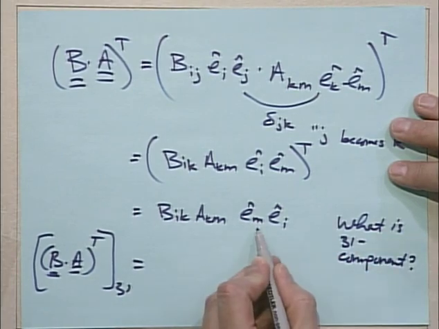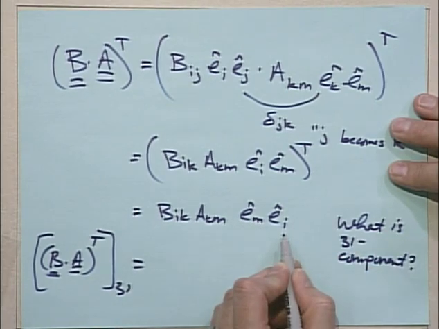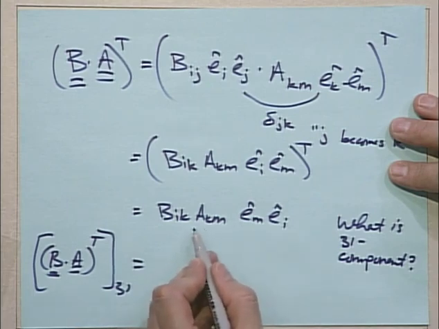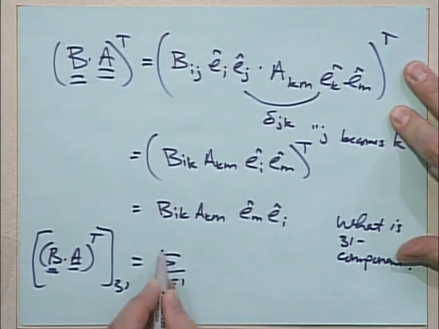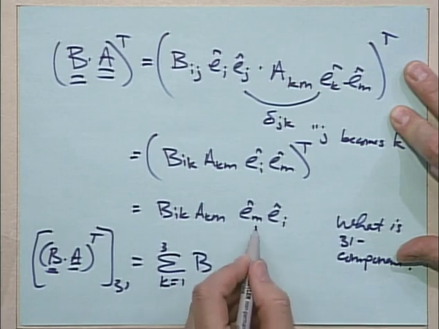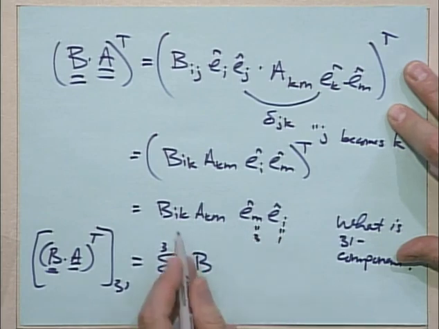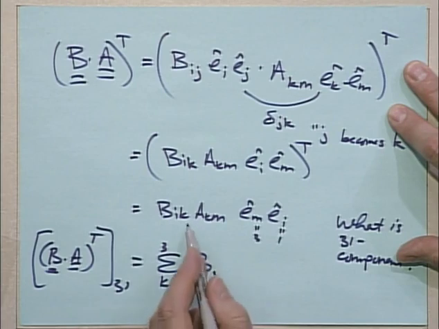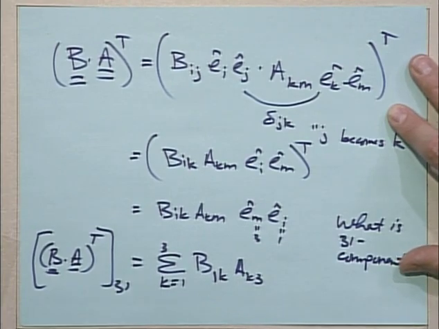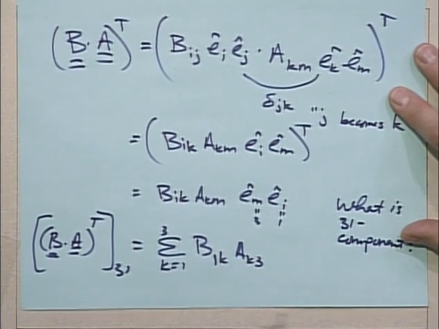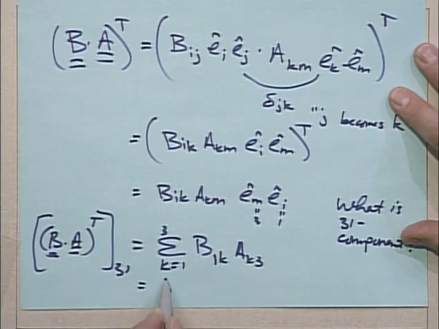M equals 3, I equals 1. Does that make sense? Yeah. What happens to the K? You have to alternate that. Right, so it's the summation, K equals 1 to 3, M equals 3, I equals 1. Here there's an I, so that's a 1. This is still a K, this is still a K, M is 3. That's the 3-1 component. And now we can write it out: B_11 A_13.